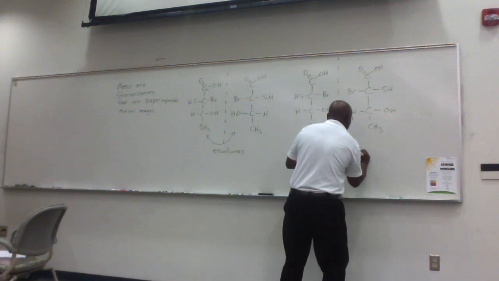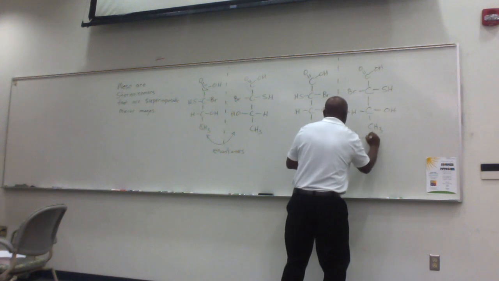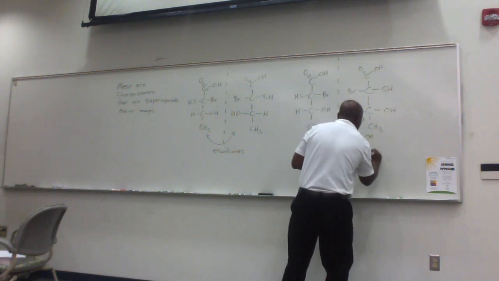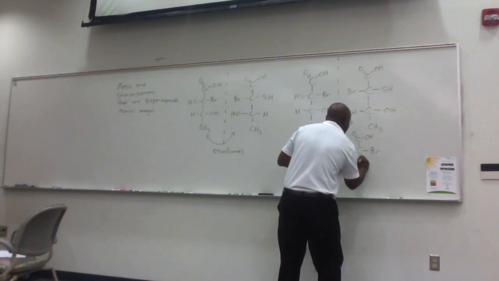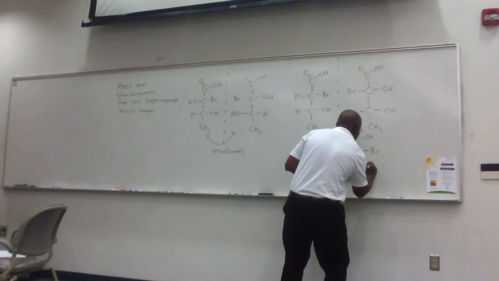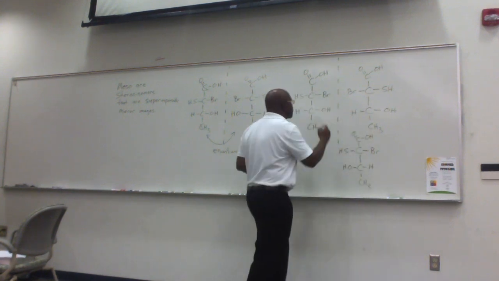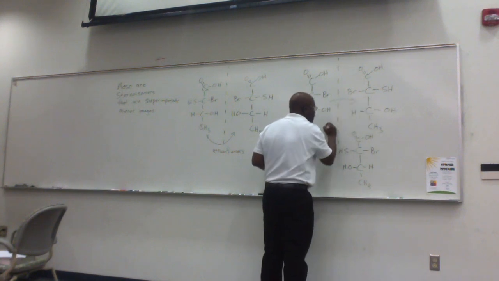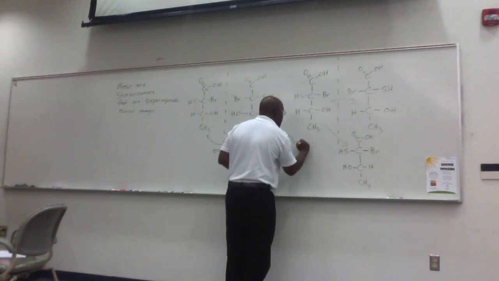So I have C double bond O, OH. I keep the top one identical, Br, SH, and I mirror the bottom: OH, H, and CH3. This molecule and that molecule are diastereomers.